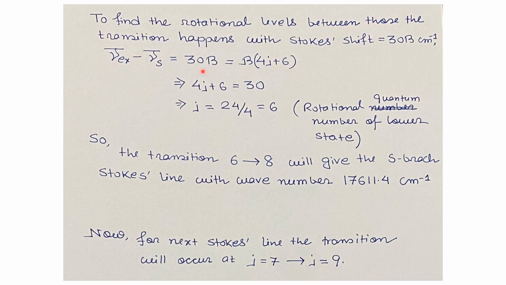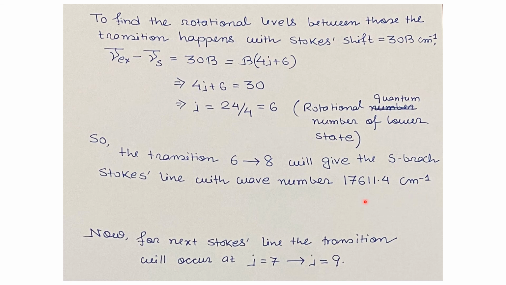So this will give J equals 6. That is the rotational quantum number of the lower state from which the transition is happening. So the transition from energy level 6 to 8 will give the S branch Stokes line with wave number 17,611.4 centimeter inverse, that is given in the question.